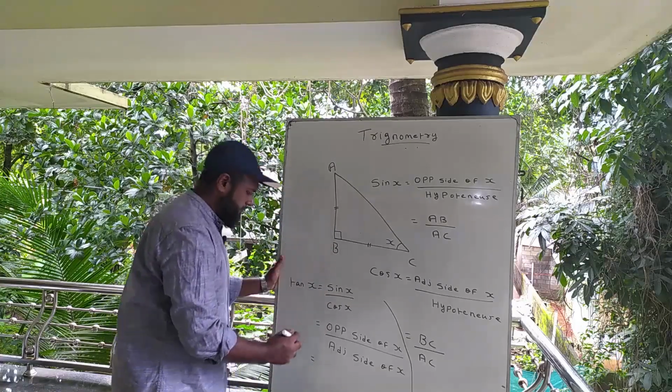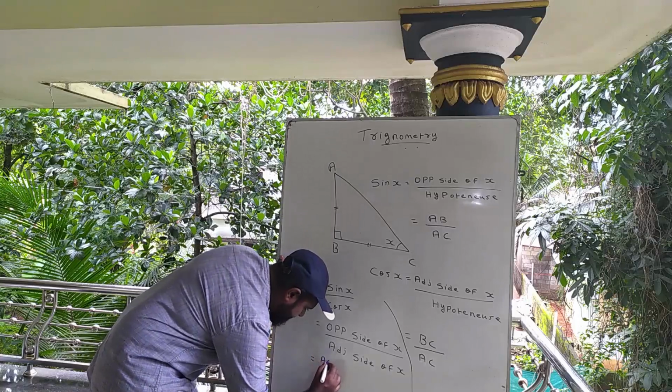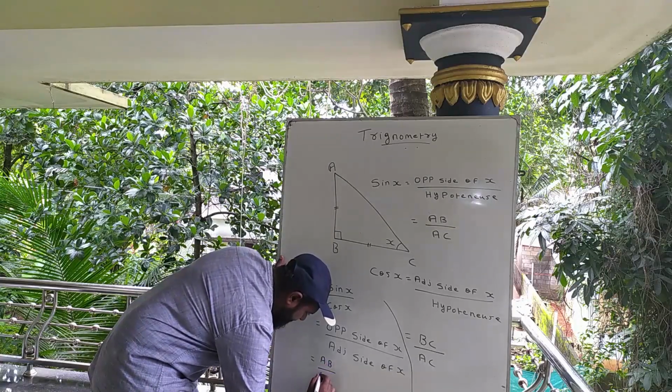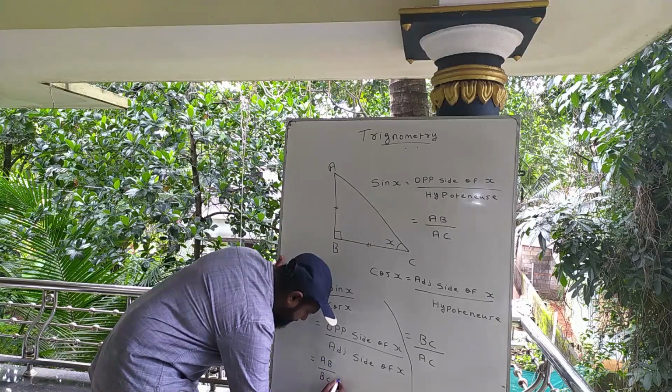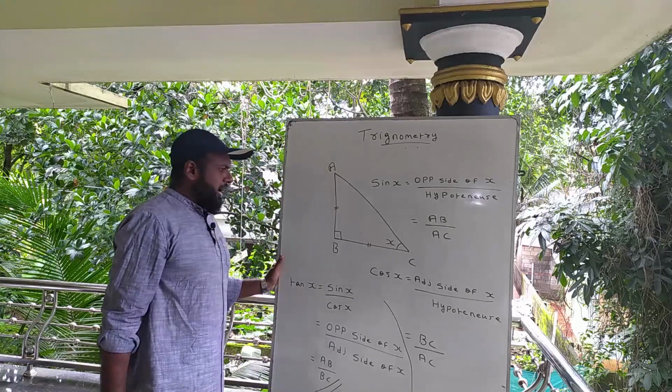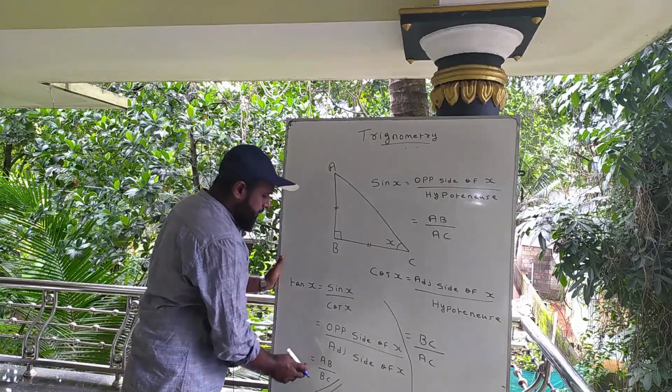That is AB, divided by BC. So, tan X equal to AB divided by BC.